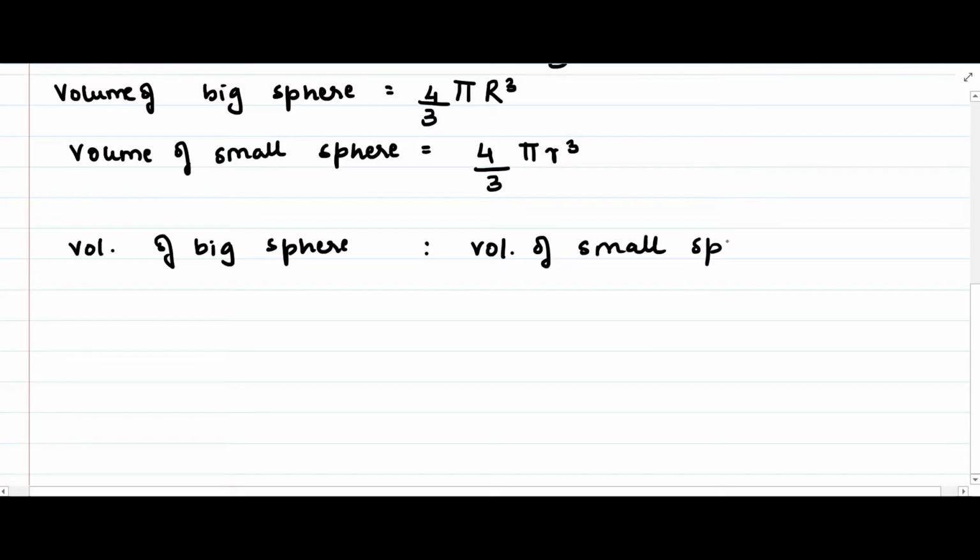So we have to just substitute the values now. We are substituting the given value of 64 is to 27, which is 64 by 27.